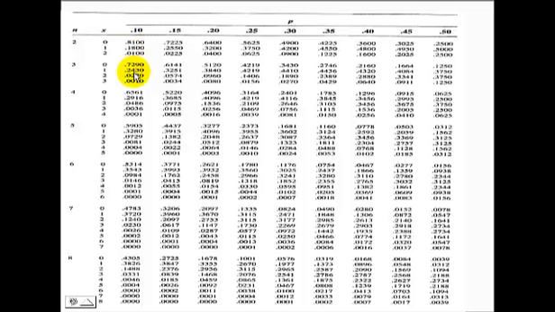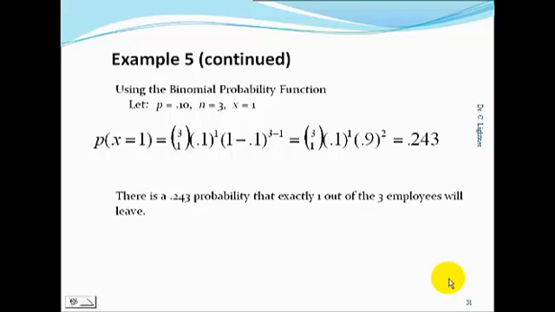So our values right here in this section give us the different probabilities of having x equals 0, 1, 2, and 3 successes. According to this table, there is a 0.243 probability of having x equals 1 success. This answer matches our answer when we computed this manually.